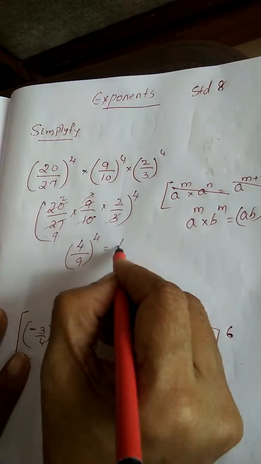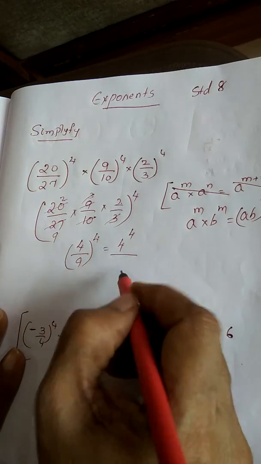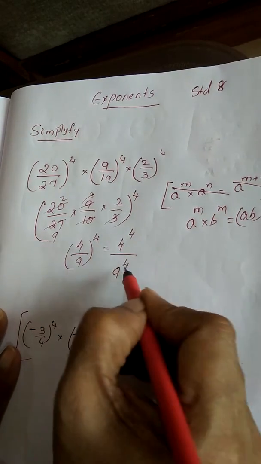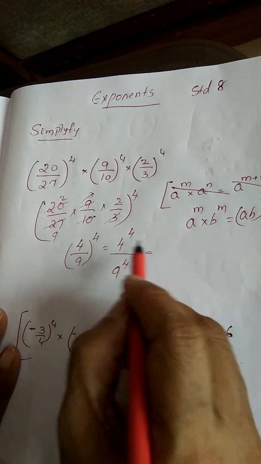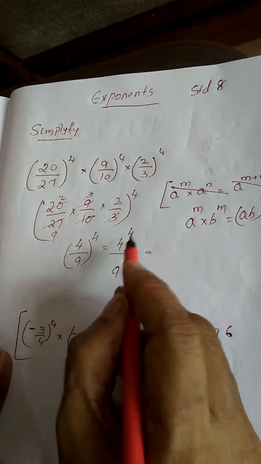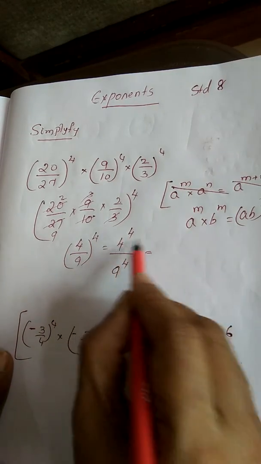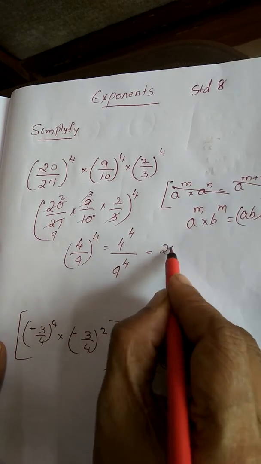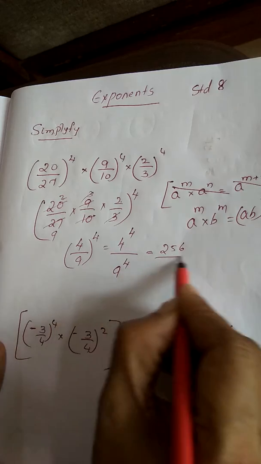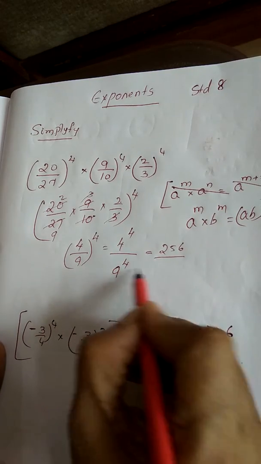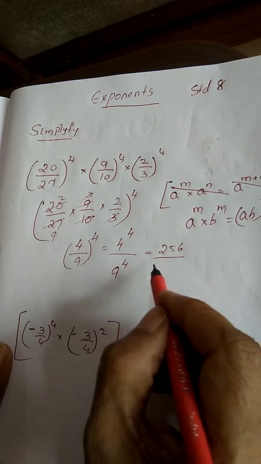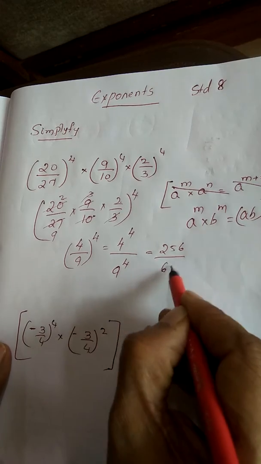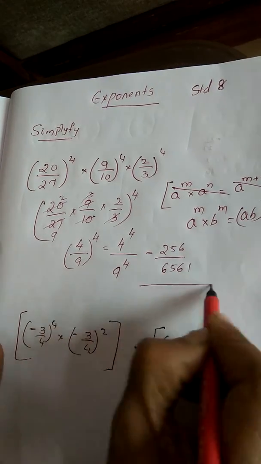So you can write this as 4 to the power of 4 by 9 to the power of 4. So that is equal to 4 to the power of 4: 16 into 16, 256. And this is 9 squared into 9 squared, 81 into 81. You will get it as 6561.